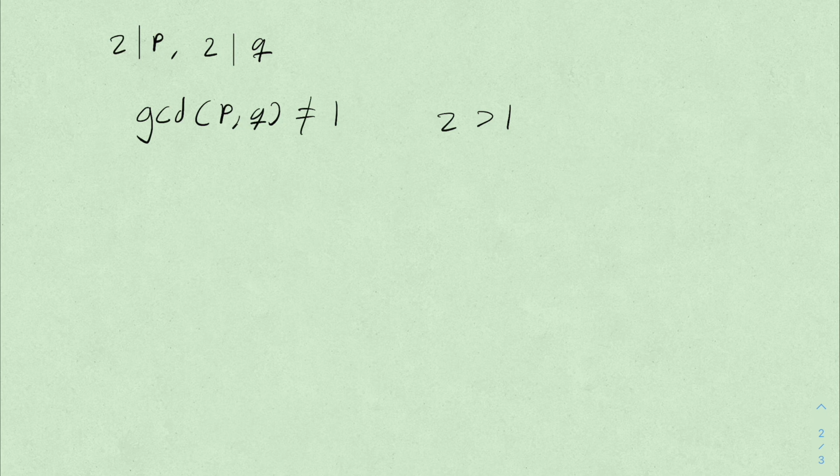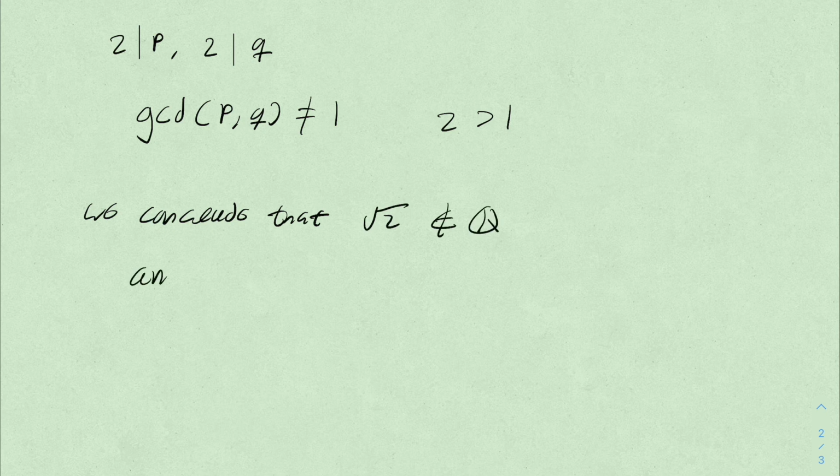And this means that the square root of 2 cannot be an element of the rational numbers, meaning it cannot be written as p over q. Therefore, we conclude that the square root of 2 is not an element of the rational numbers, and the square root of 2 is irrational.